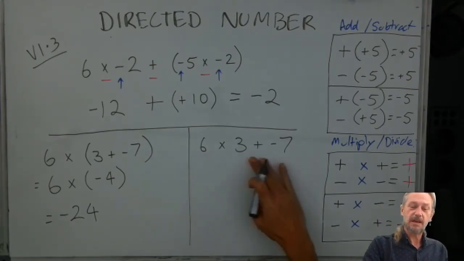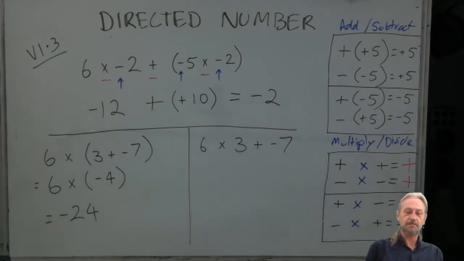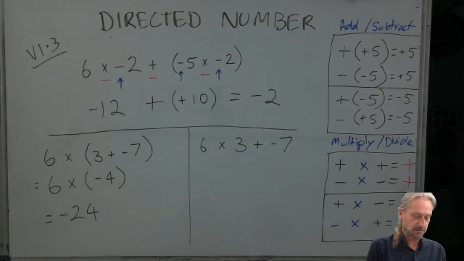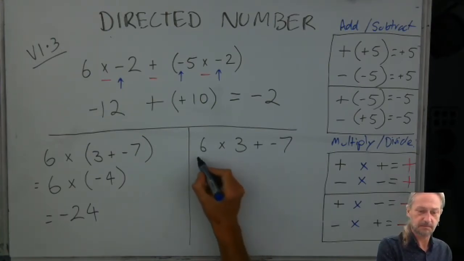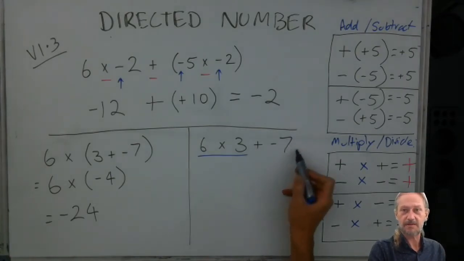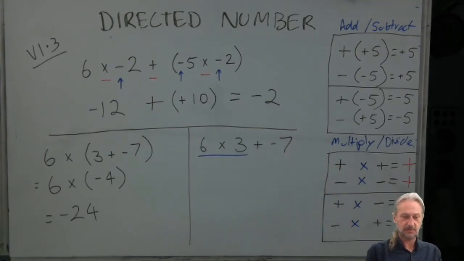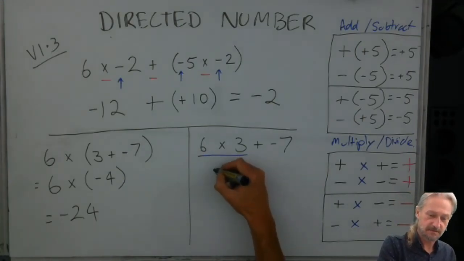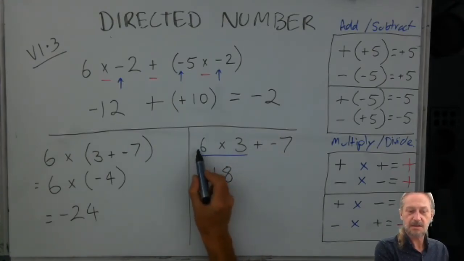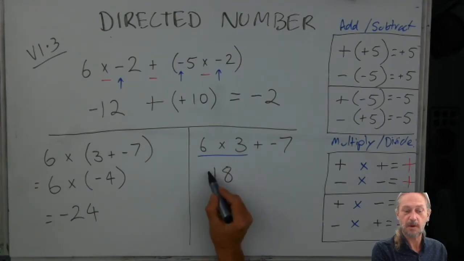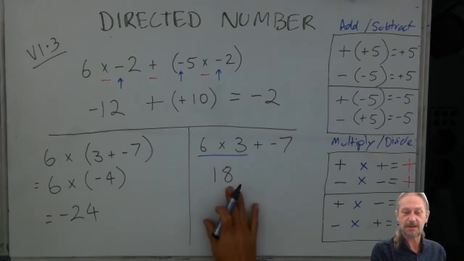Okay, so over here, because we don't have the brackets, it means we do this bit first, multiply first, and then we add the negative 7. So 3 times 6 is 18, and this is a positive, and that's a positive, so this is still positive. I won't write it in, I'll just leave it like that.